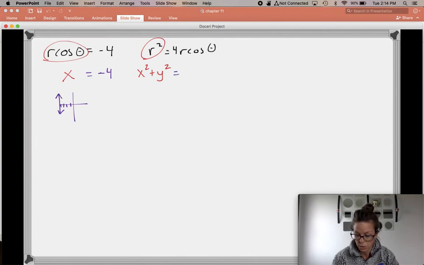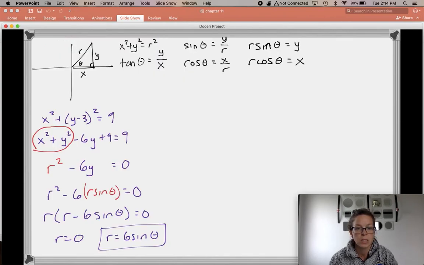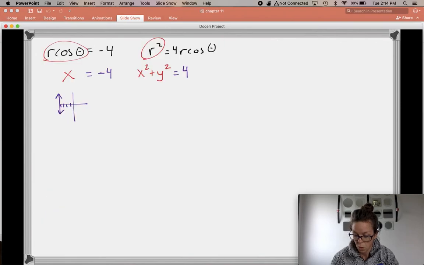And that's equal to 4, and then now r cosine theta. Let's look back to those formulas. R cosine theta, well, that's equal to x. So we're going to replace all of that r cosine theta with an x.